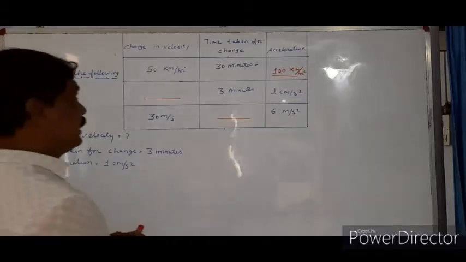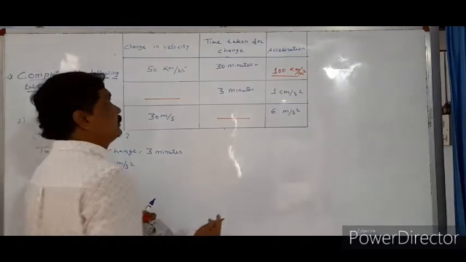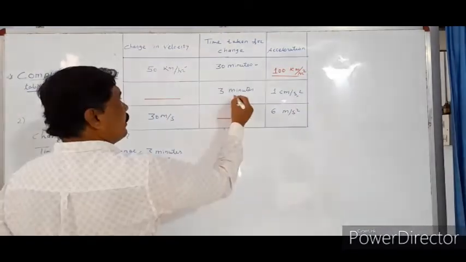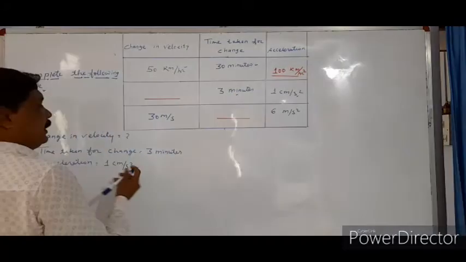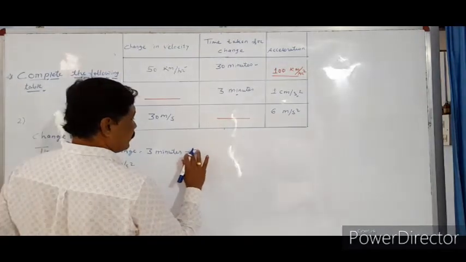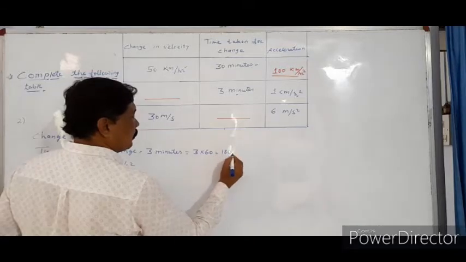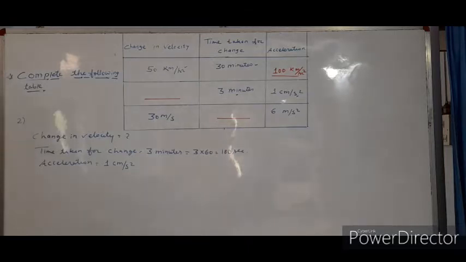Again, if we consider the unit of time, here second is given, here minute is given. So definitely we have to change the unit into second. So 30 into 60 is equal to 1800 seconds.